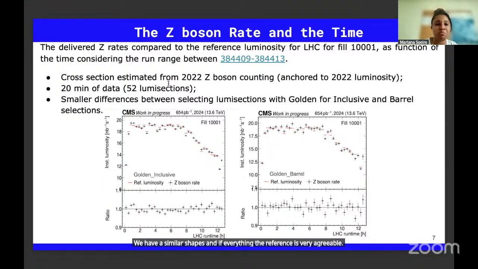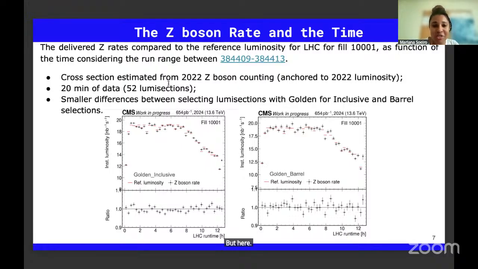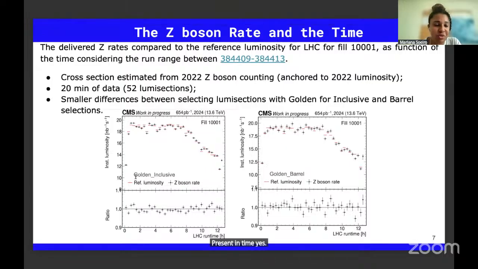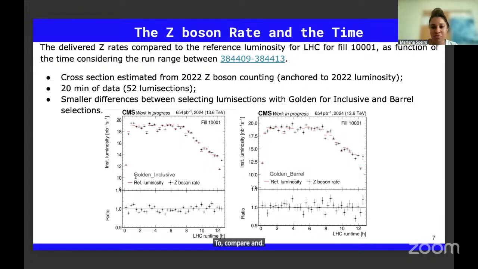In general, I present more than one field, but here it would be a little too much for the presenting time. Yes, it is too much. Yeah, because there's this nice profile of the luminosity, right? I chose this one, but there are other examples with similarities. In general, I present three to compare, and if people saw that, yes, okay, this is working well.